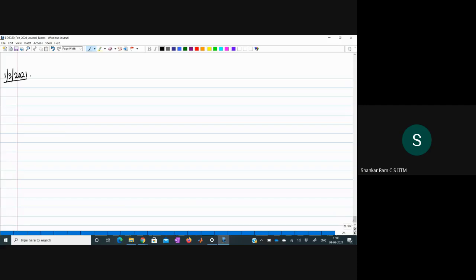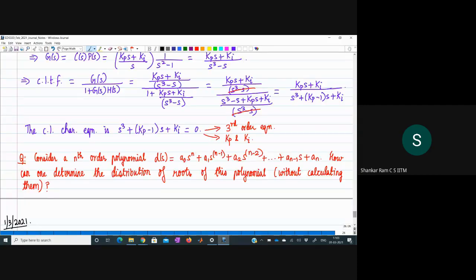So, if we briefly recap what we were doing in the last session, we were looking at this closed loop control system design, and we tried it out for a couple of examples.